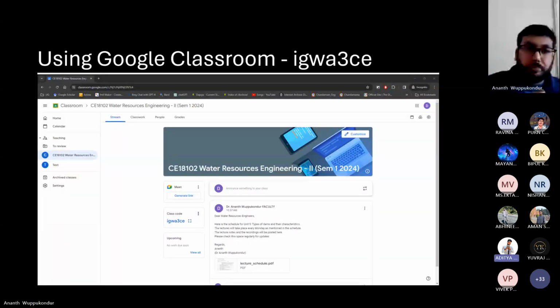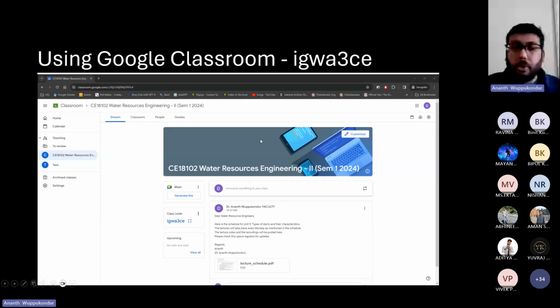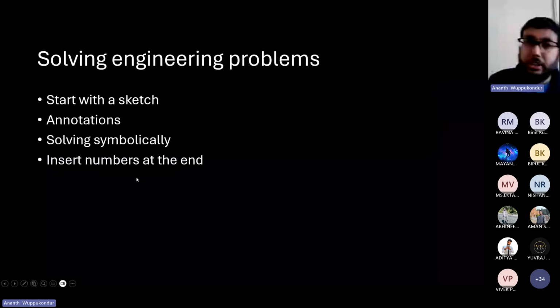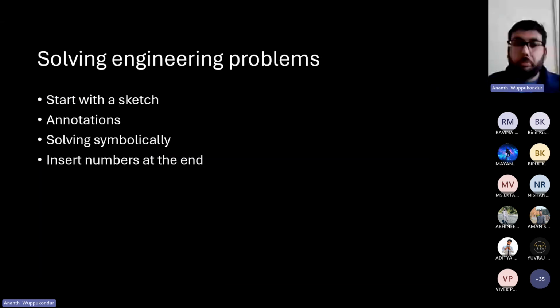And before we begin, I also want to give you some suggestions on how you should approach engineering problems, not only in your exams, but also when you're designing something when you become an engineer. So when you're given a design problem, you should always start with a sketch and then make sure you show all the annotations, solve the problem as much as possible symbolically before you insert any numbers.